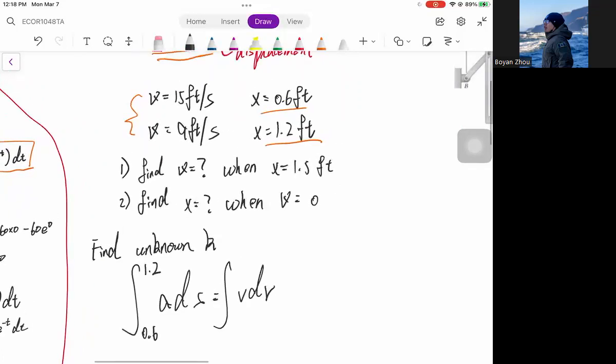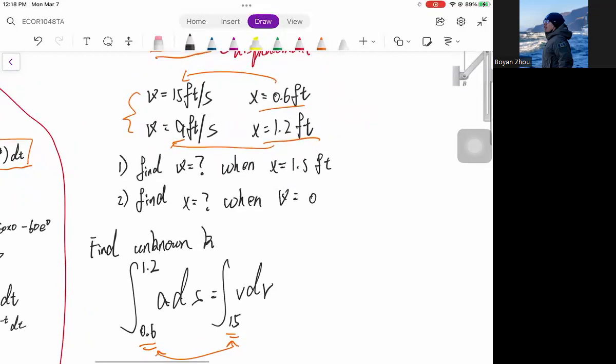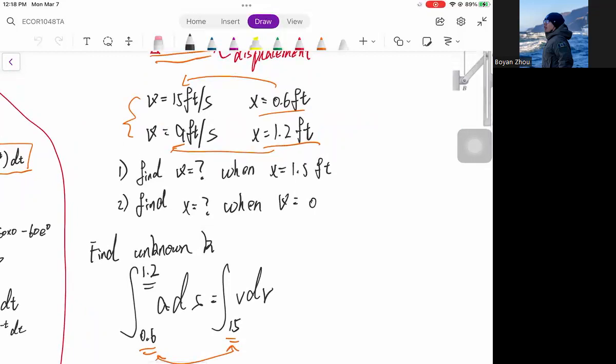On the other side for v dv, the limits need to be connected: when we put 0.6 on the bottom, the velocity needs to be the corresponding velocity, so we put 15 on the bottom. These two should be a pair. And when we put 1.2 on the top boundary on the left, the top boundary on the right should be 9.